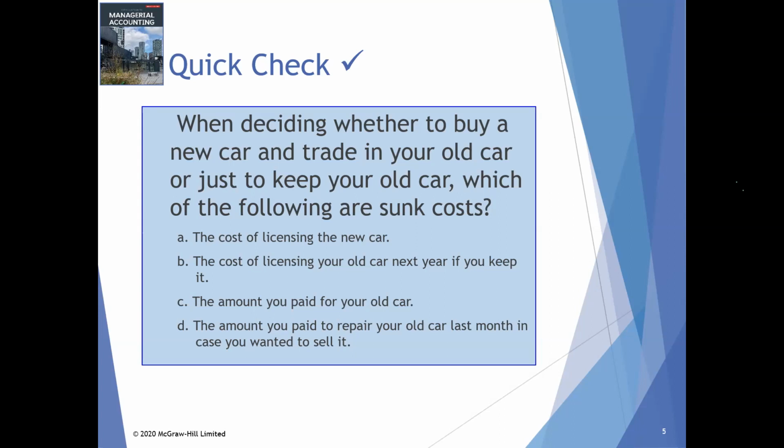Option B, the cost of licensing your old car next year if you keep it. Option C, the amount you paid for your old car. Option D, the amount you paid to repair your old car last month, in case you wanted to sell it. From all these four options, there may be one or more answers. Just think over it and let me know the right answer.